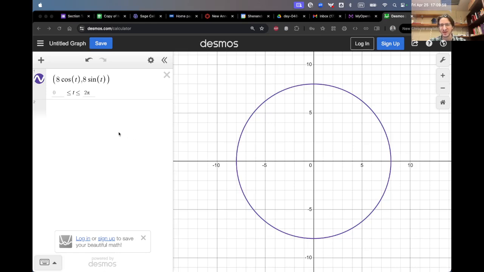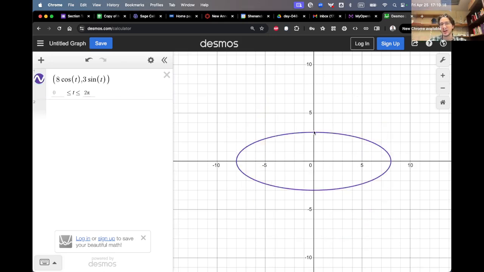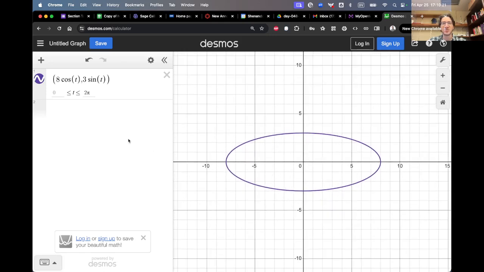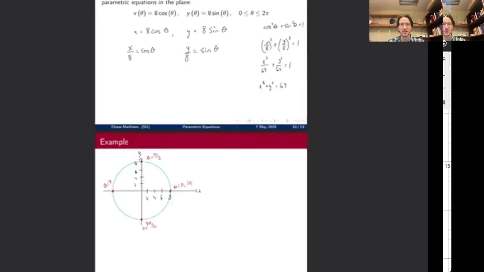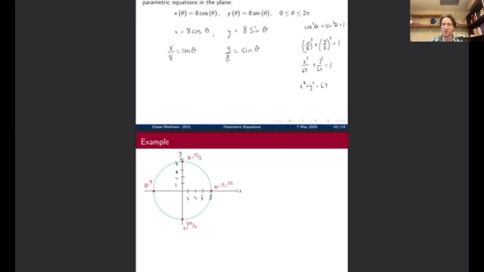If I change this 8 to, say, a 3, hopefully you see that it would squish the circle down into an ellipse that goes left and right still to 8, but up and down to 3. So that's how we can use parametric equations to trace out a circle or an ellipse that's either wider than it is tall or taller than it is wide if you want. Pretty cool stuff. Parametric equations are very fun.